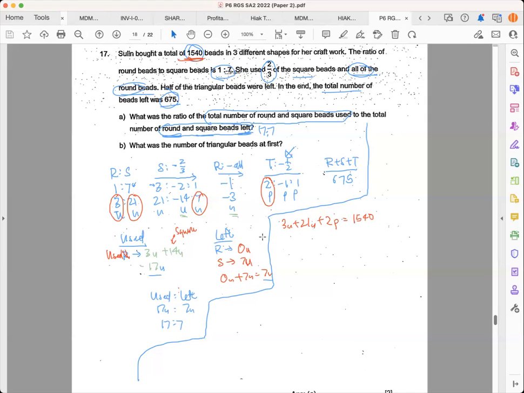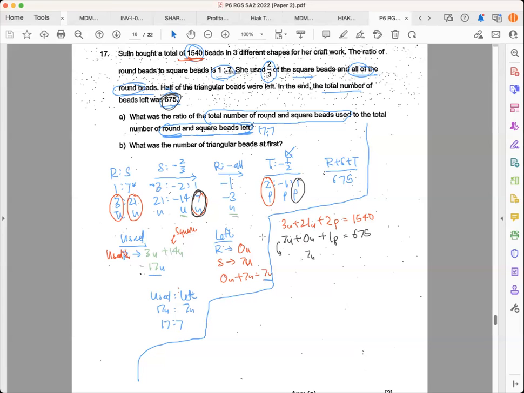Now, the bits in the end, which is what is left, you have 7 units of square. For round, you have nothing left, and the triangle has 1 part. And the total is 675. So let me summarize it.